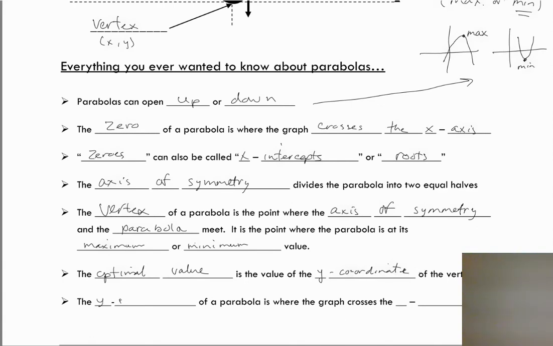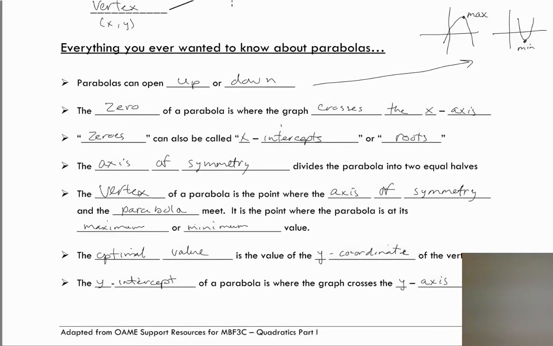The y-intercept of the parabola is where the graph crosses the y-axis. Again, very much a review from last year. Hopefully you remember some of this. It makes everything come a little easier if you know the terminology.